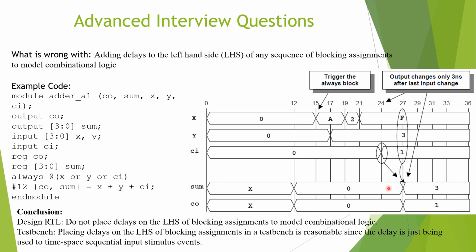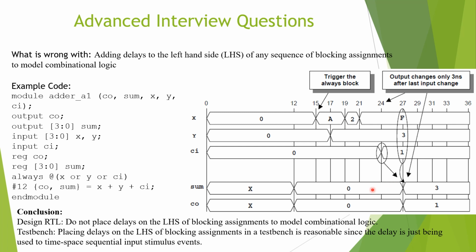But because X, Y, and Ci changed again, the calculated output of the sum will use the latest values after the #12 delay. This means this change in the Ci to the sum took 3 nanoseconds instead of the 12 nanoseconds, which does not match the real hardware logic gate behavior.